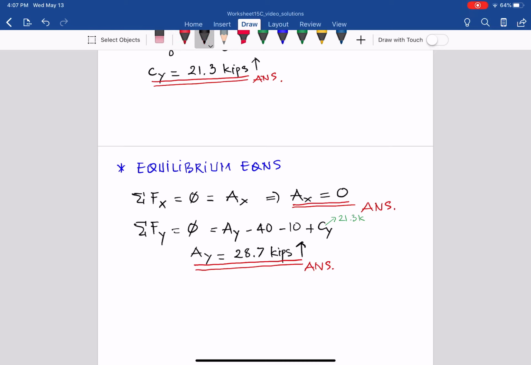And then we take the sum of all the moments about the fixed support A, assuming counterclockwise positive.